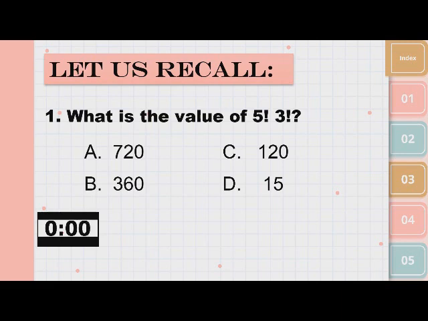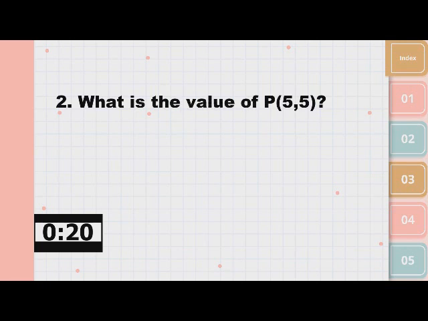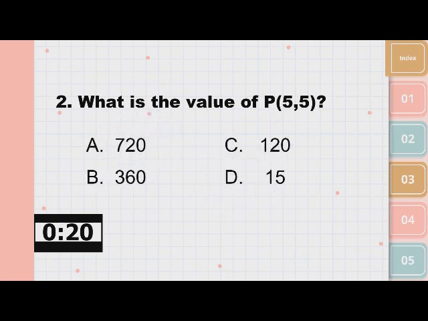Okay, stop. Let's see the correct answer. Correct answer is letter A, 720. Another question: what is the value of permutation 5 taken 5 at a time? Choices: A, 720; B, 360; C, 120; D, 15.